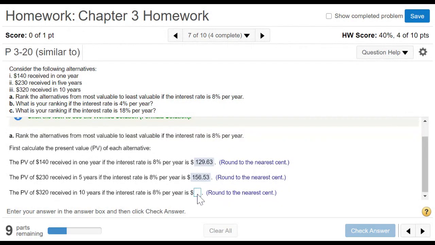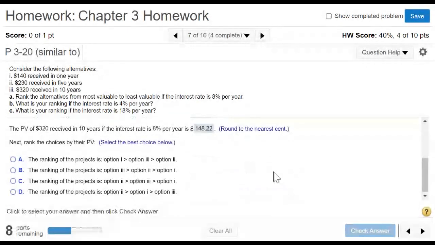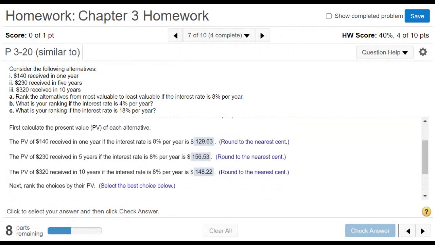Good. Next. $148.22. Good. So if we were to rank them, how would they be ranked? Most valuable to least valuable.